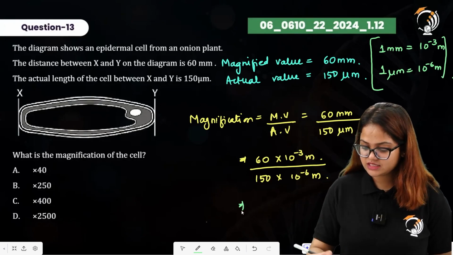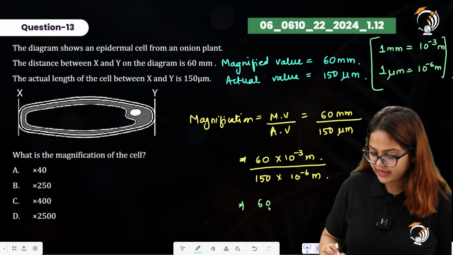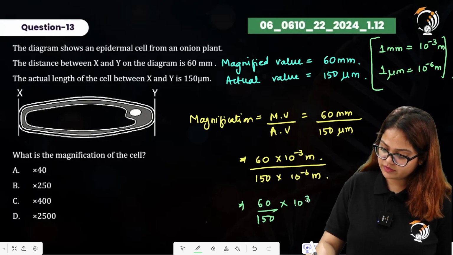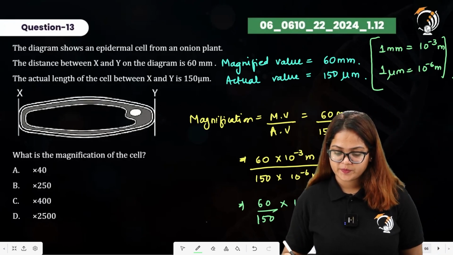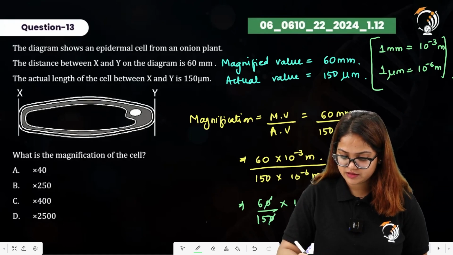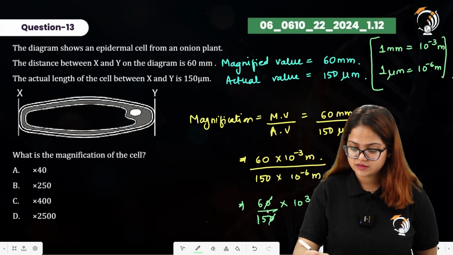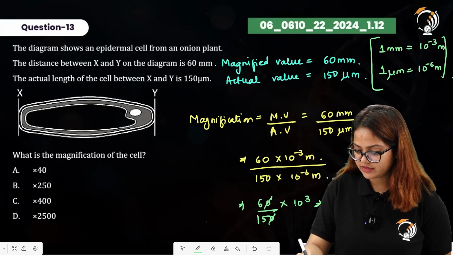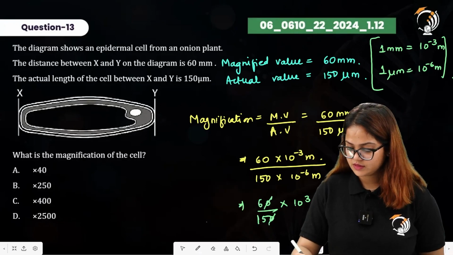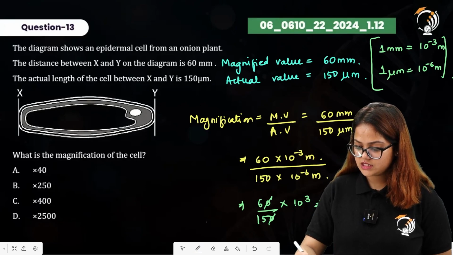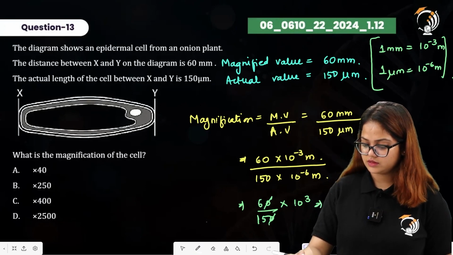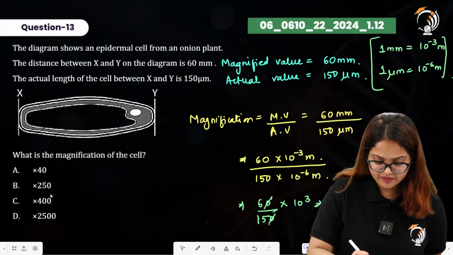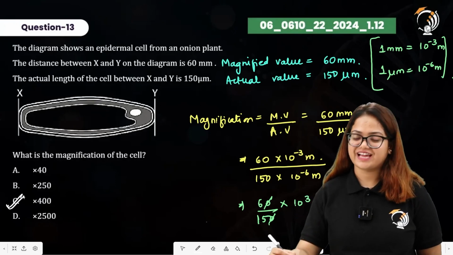Coming back to solving this, we get 60 by 150 into 10 to power 3. So this comes out to be 6,000 divided by 15. This is 400. Yes, this is 400 times. Magnification comes out to be 400 times, and C is the accurate answer here.